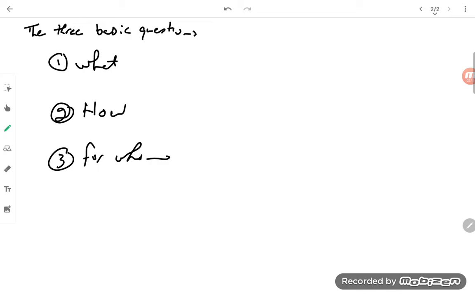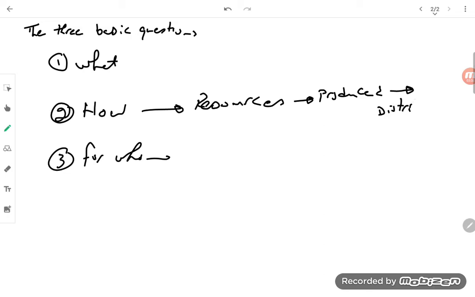What to produce, how, and for whom. So after identification of what, which is based on human needs and wants, we are going to get the available resources in order to be able to produce the commodity, and allocate these resources through production process in order to be produced and then distributed to households.